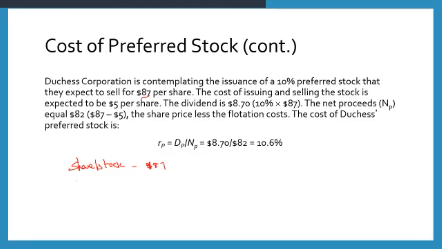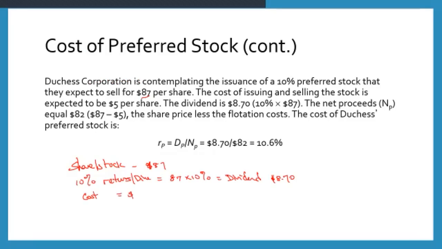We know there's a 10% dividend. The dividend will be 87 times 10%, so our dividends will be $8.70.